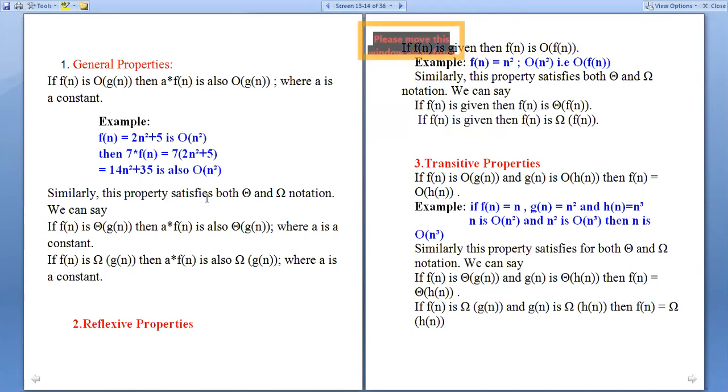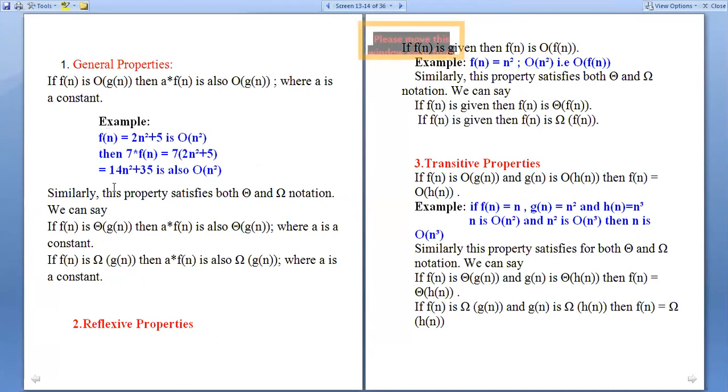That relation will always remain the same, it will be continued. So a is some constant value, you are multiplying with f of n, then you will get big O of g of n, same, where a is a constant, so no change.